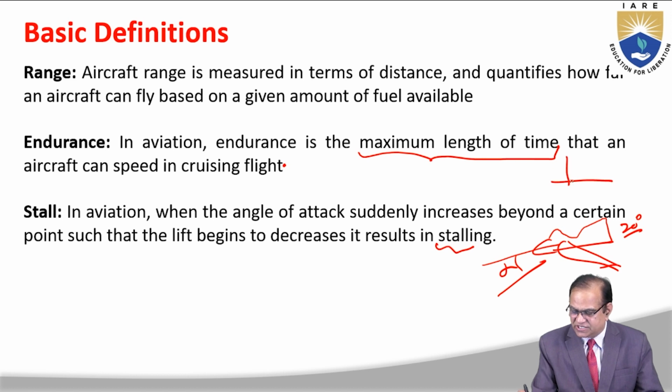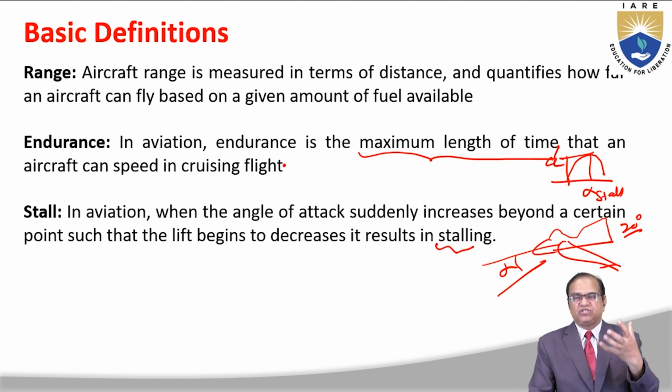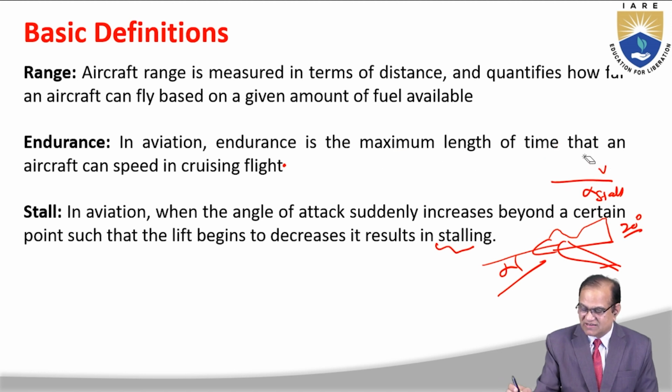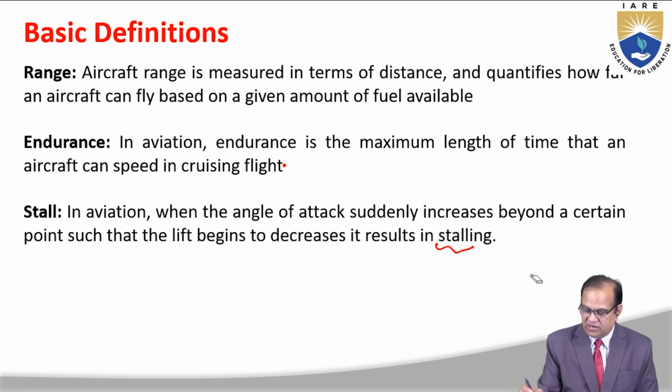So initially it is going up, this is your stall angle, alpha stall, and this is the CL. The angle at which you get the maximum coefficient of lift is called the stalling angle. If you increase the angle a little more, your lift will start decreasing like this, and your aircraft will start sinking. So this is called the stall.